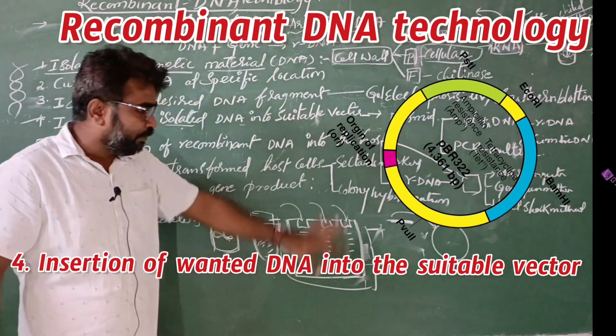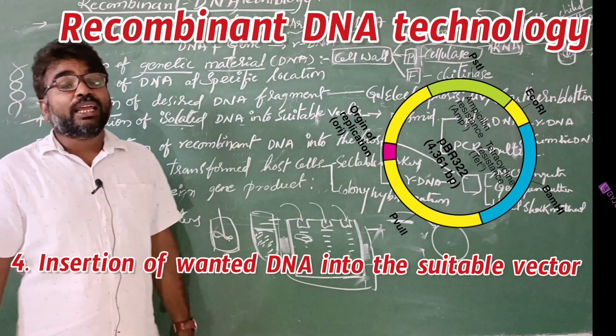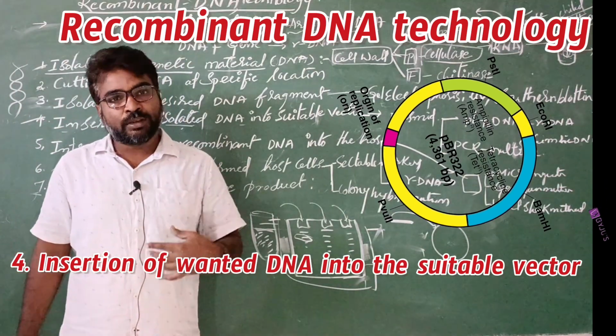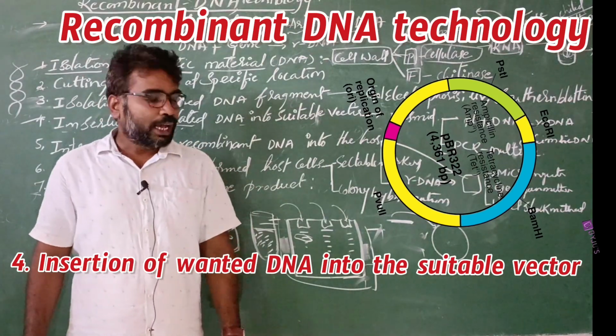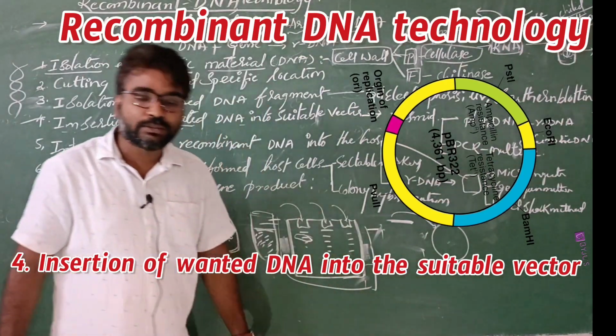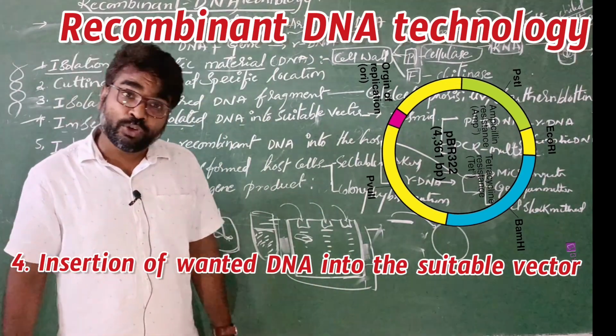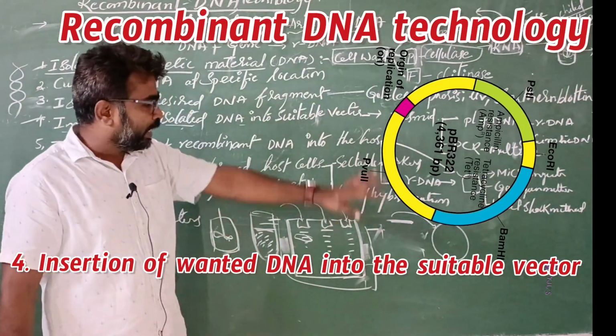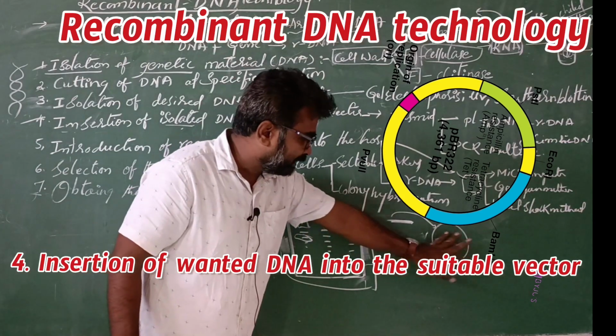We call that a vector. Examples of vectors are cosmids, plasmids, and bacteriophages. But here the vector we are using is a plasmid.